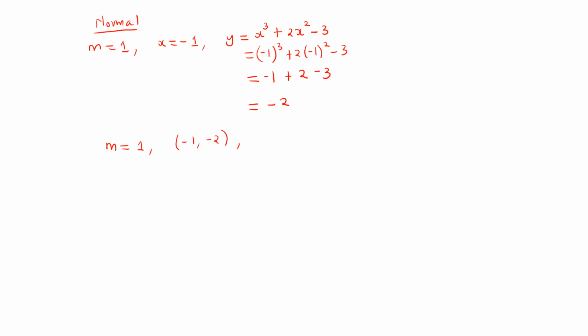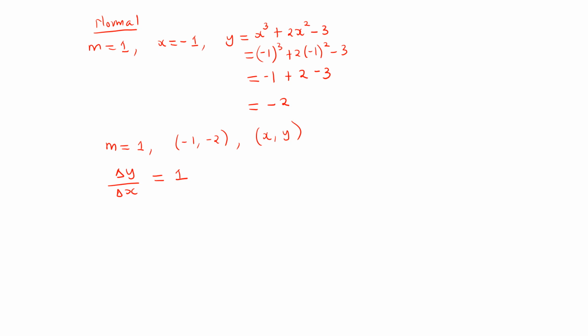So we have our normal, which is a straight line with a gradient of +1 passing through point -1, -2, and also we say it passes through a point xy. So we say that the gradient of a straight line is given by change in y over change in x. So in this case, it should give us a gradient of 1. So the 2 points we have are -1, -2, and another point xy.